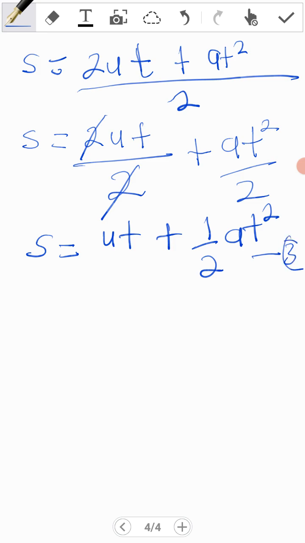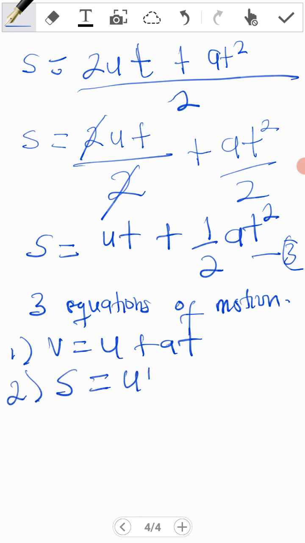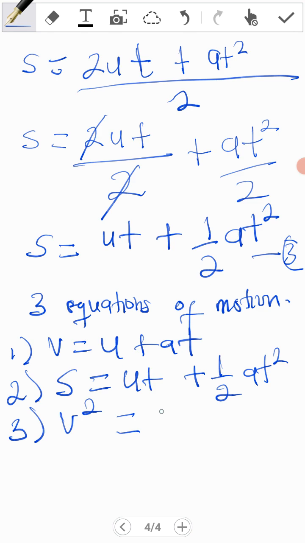So you have all the equations of motion, the 3 equations of motion, which are: 1, V is equal to U plus AT; 2, S is equal to UT plus half AT squared; and then the third one, V squared is equal to U squared plus 2AS.